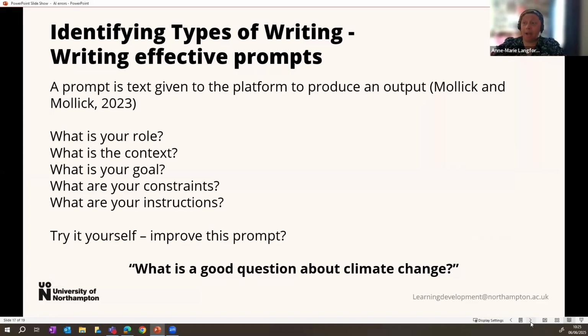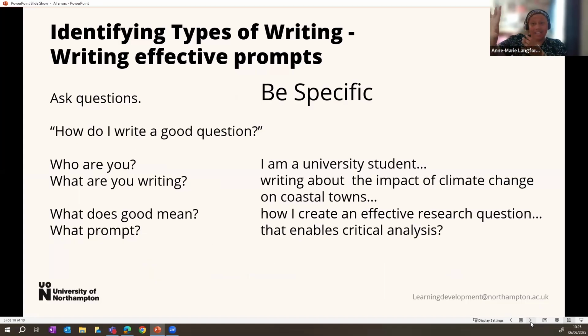So have a think about, and here are some things that I got from a paper that I read yonks ago by Mollick and Mollick, and here are some things that they suggested to think about when you are writing your prompts. So we go from here's a vague prompt to how could you write a better prompt, and here's how I break it down for them so that they can see it.